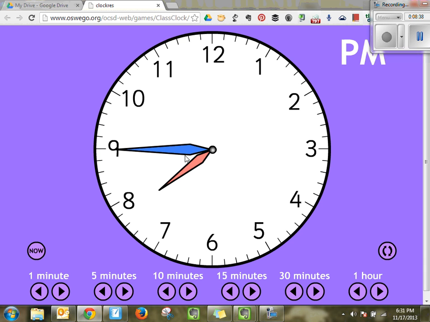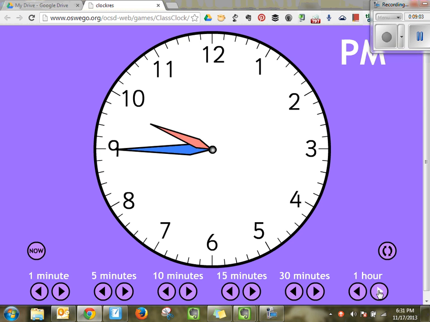So in this example, we would say this is showing quarter before or quarter to, which means the same thing, quarter to 8. Since you can see my hour hand is about ready to touch 8. So if my minute hand kept going along, you could see it is almost 8 o'clock. So we would say with that minute hand touching the 9 that this would be quarter to 8.